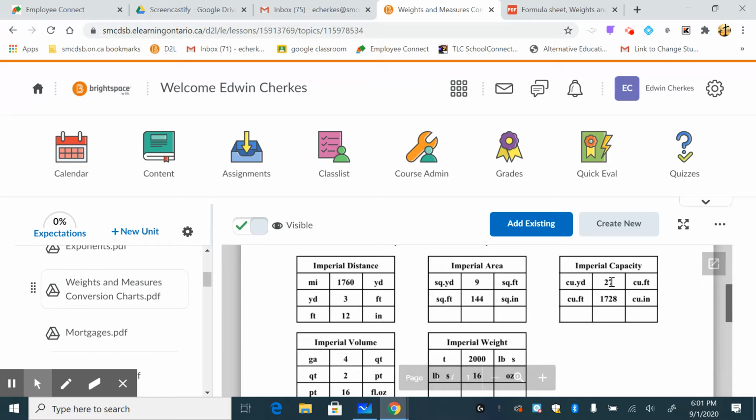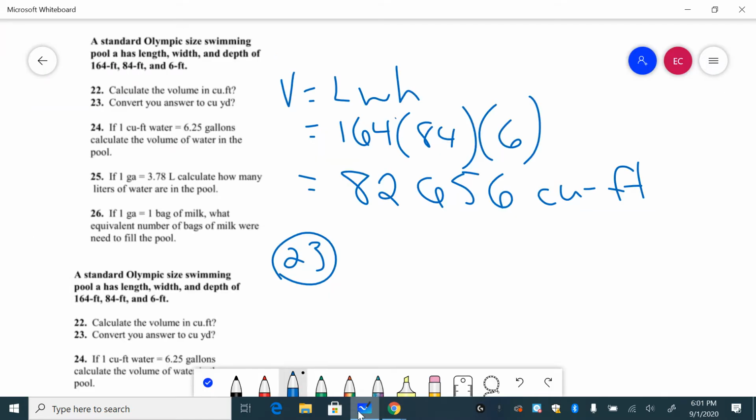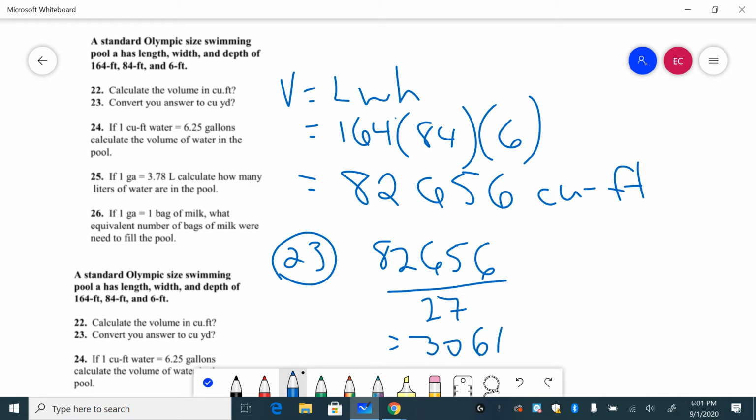I'm using the number 27, and you're going to the left, so you're going to divide by 27. So 82,656 divided by 27 equals 3,061.33 cubic yards.